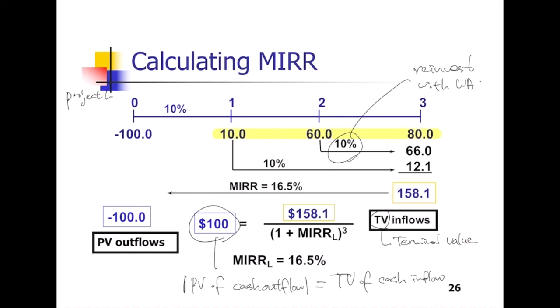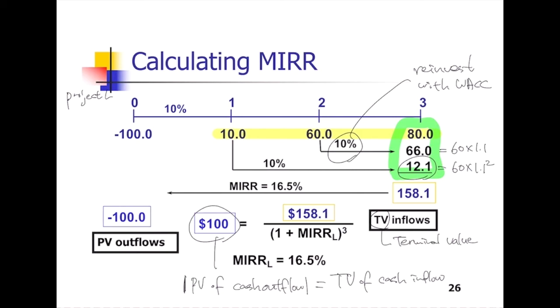The WACC. WACC is 10%. So this number comes from 60 multiply 1.1. And this number 60 compound how many times? 2 times, right? And then sum of these three, that is terminal value of cash inflows.